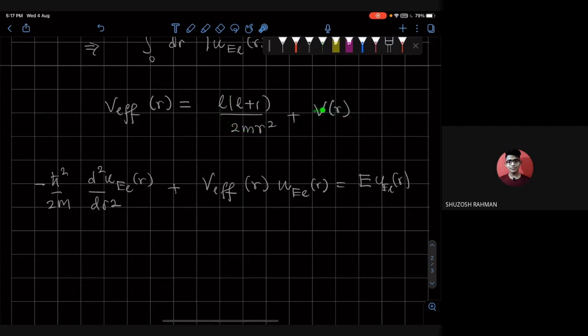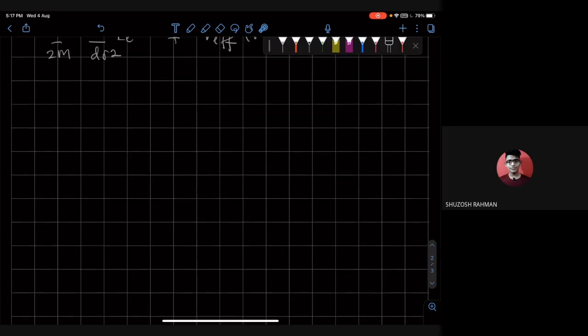Unless this goes to negative infinity faster than, say, r squared, this is going to dominate. Graphically, we can show this.